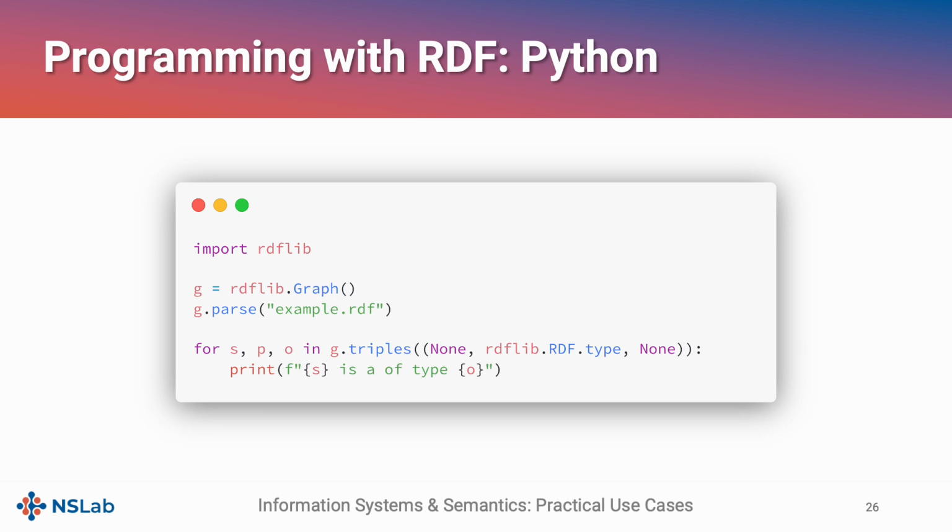Between those is RDF type predicate. And then we are simply printing out that subject is of type O, and O here stands for object. So these are 3 examples how you can easily make some code with.